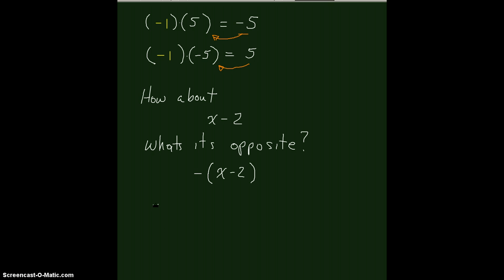We can also obtain this by multiplying by negative 1. So I'll take the original expression, x minus 2, and multiply by minus 1. Alright, so let's do that. I'm going to do that on the next page.